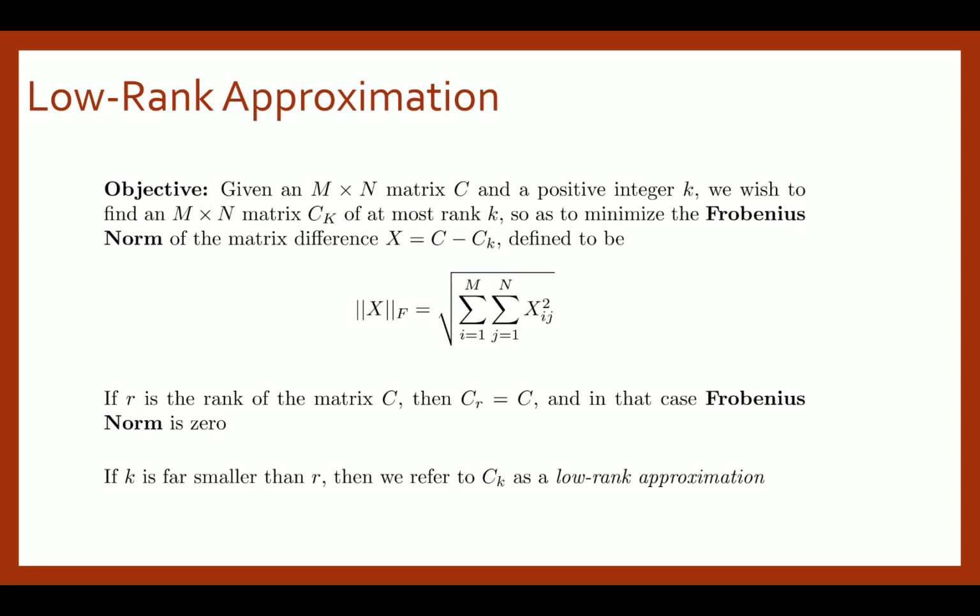In the low rank approximation, given an M cross N matrix C, our objective is to obtain a matrix of a lower rank K, which is much smaller than the rank of the given matrix C. For example, if we are considering a term document matrix where tens of thousands of words are there, and the documents are also in hundreds of thousands or in the millions, the rank of such matrices would be very high, and we don't want to really look into those high rank matrices.